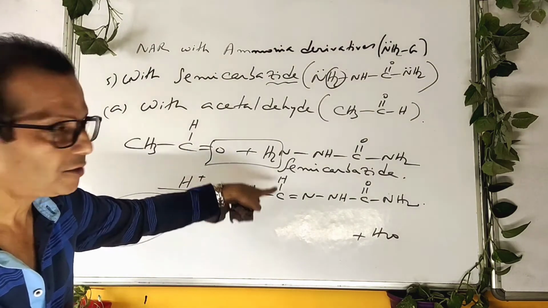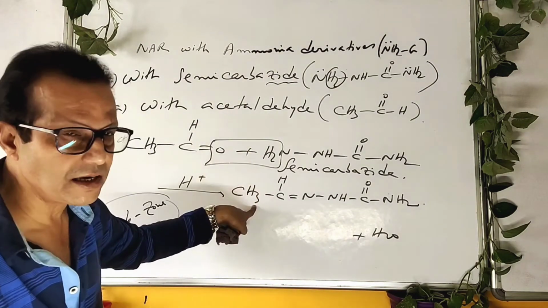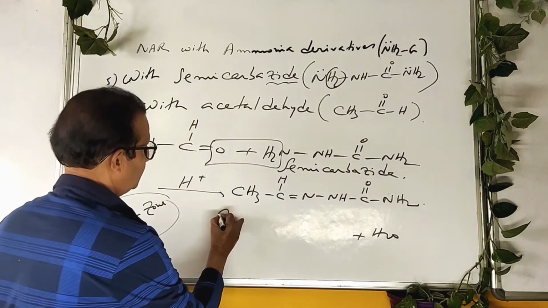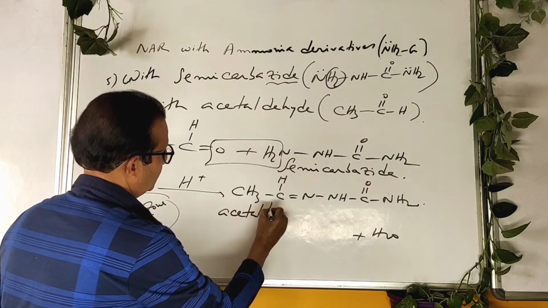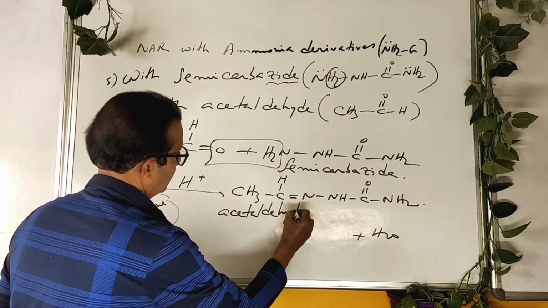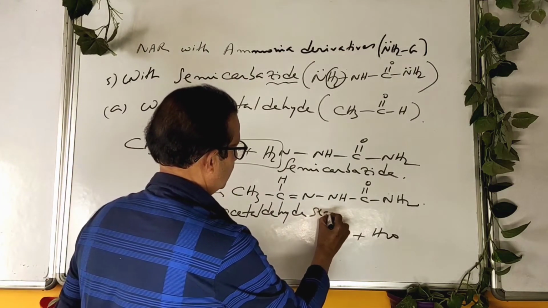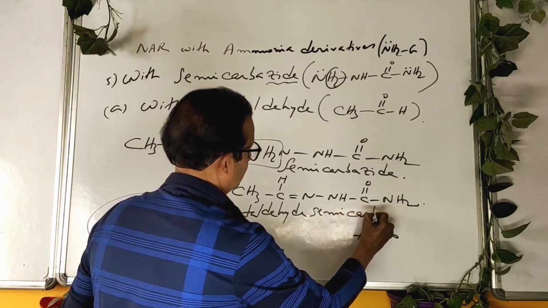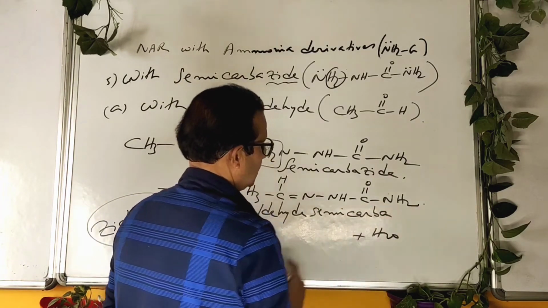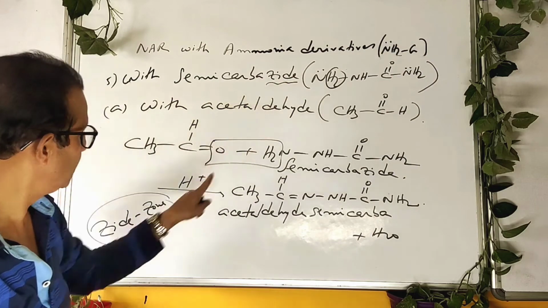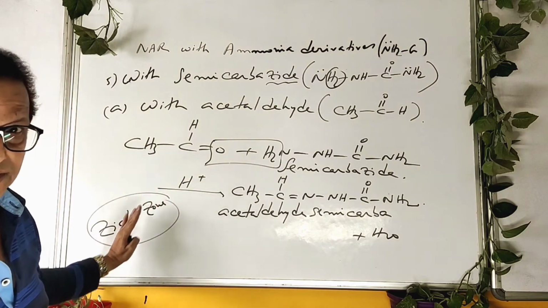So this is the addition product with acetaldehyde. So write at first the name of acetaldehyde. Instead of the ending, write "zone". Remember, this is the technique.